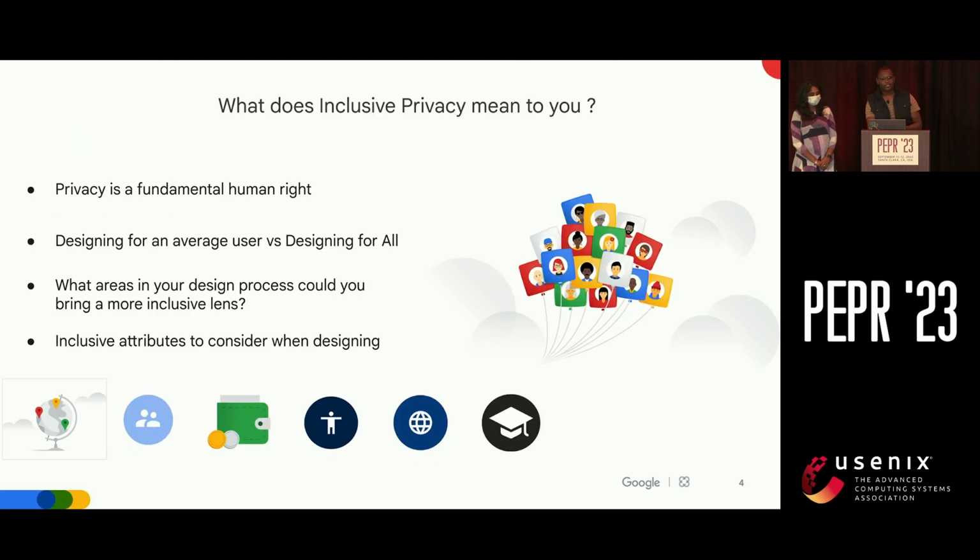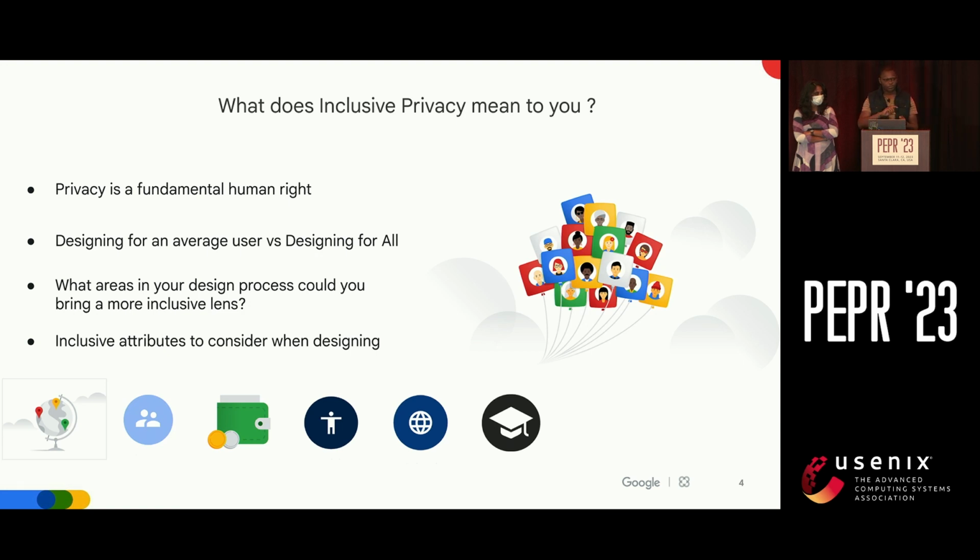So first, what does inclusive privacy mean? Just stepping back, looking at privacy, it's a fundamental human right, and it centers around people's interests in having control regarding what other people can see or know about them, but also regarding their own assets.